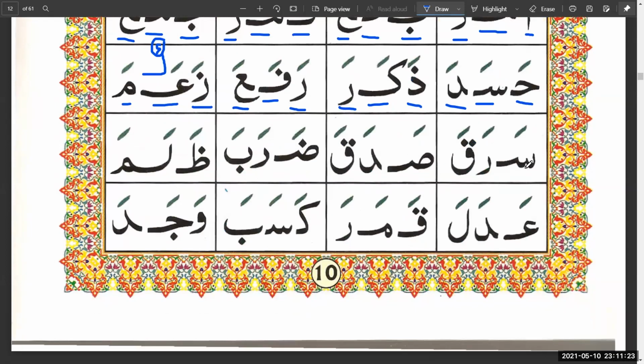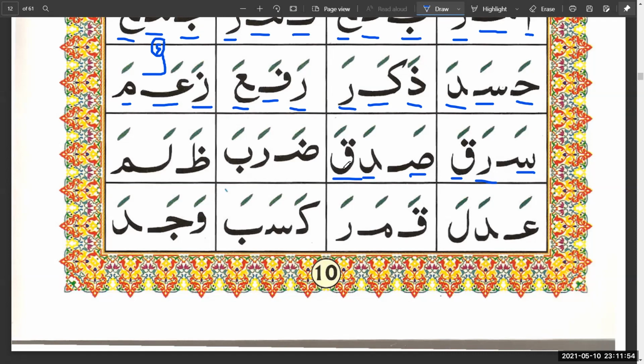Next line, we have sin, fatha, sa, ra, fatha, ra, and qaf, fatha, qa. Sa ra qa. Next one, we have sad, fatha, sa, dal, fatha, da, and qaf, fatha, qa. Sa da qa.